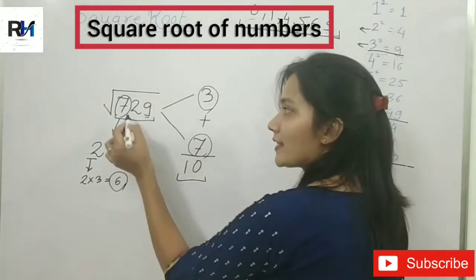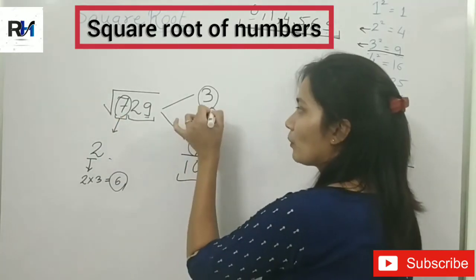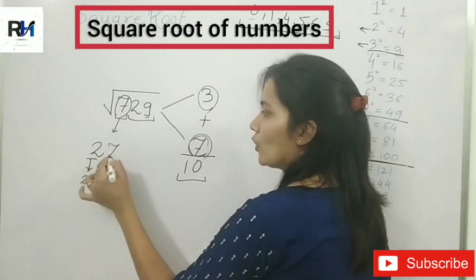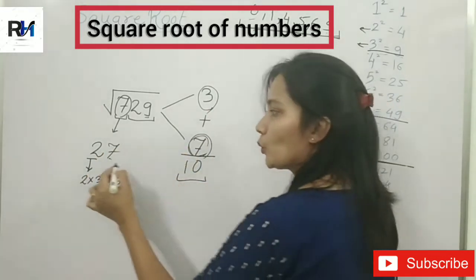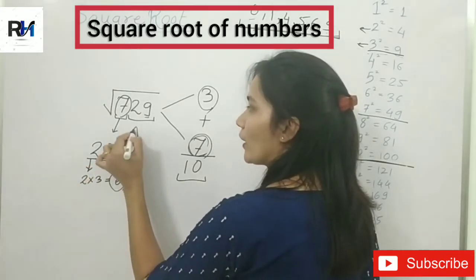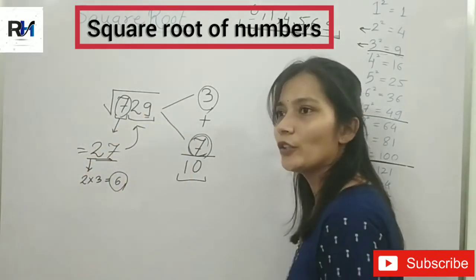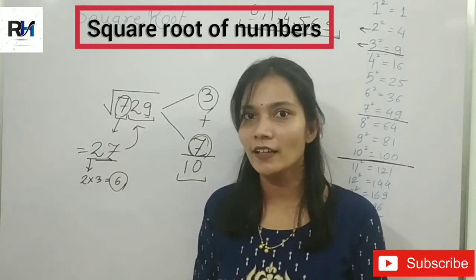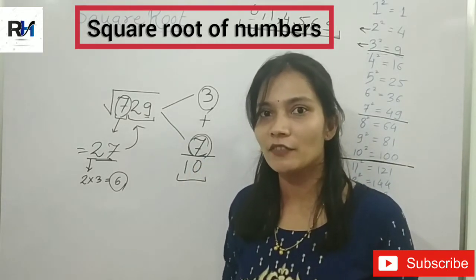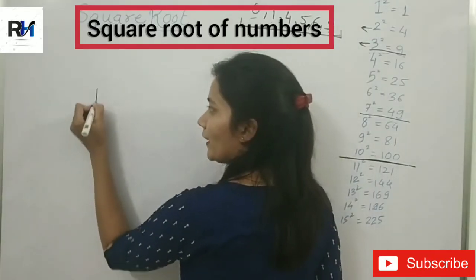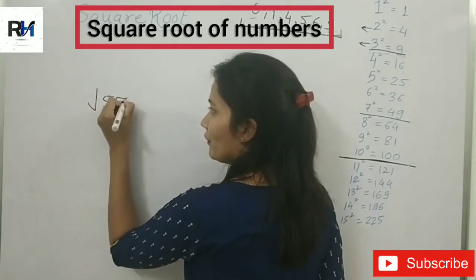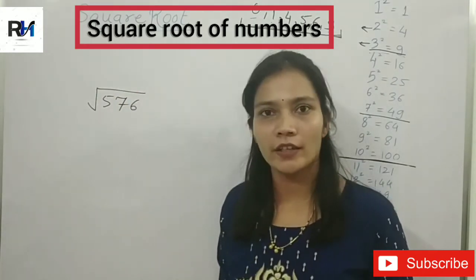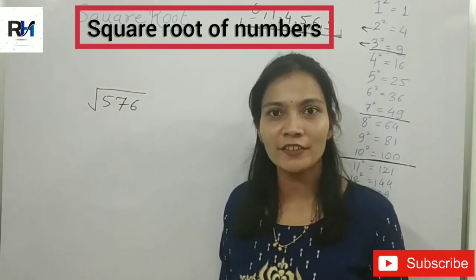Here 7 is greater, so you take 7. So 27 is the square root of 729. Let us take another example, it will be more clear. We want to find the square root of 576.